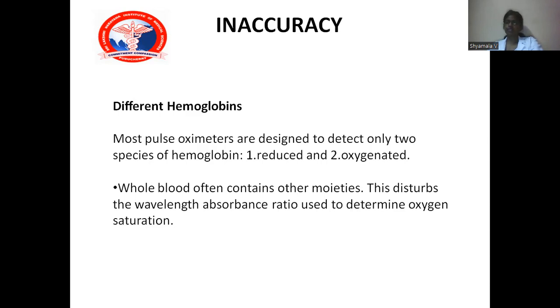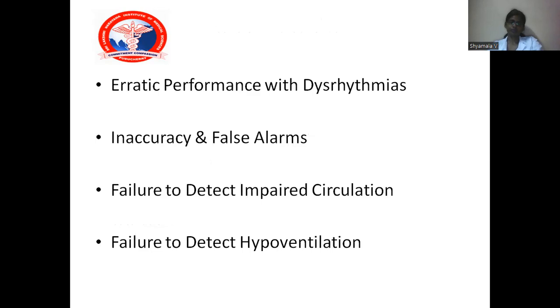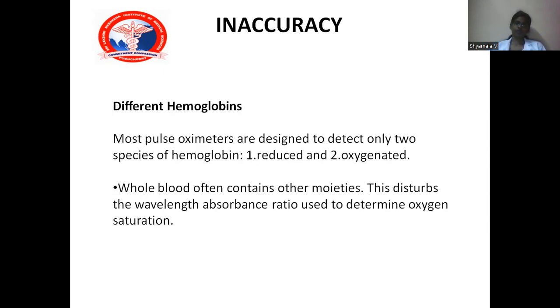Failure to detect high partial pressure of oxygen, failure to detect poor function with poor peripheral circulation will be seen. So, failure to detect impaired circulation and failure to detect hypoventilation.